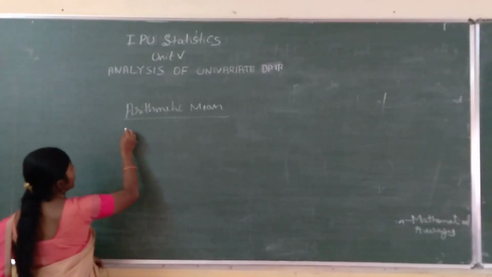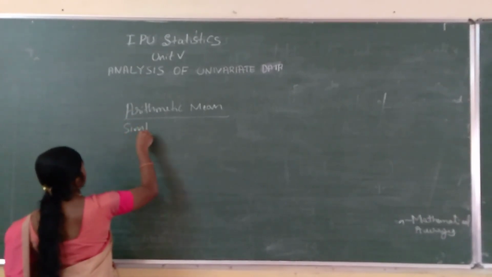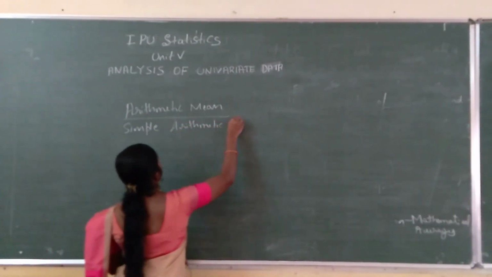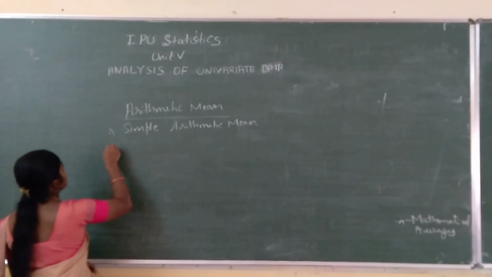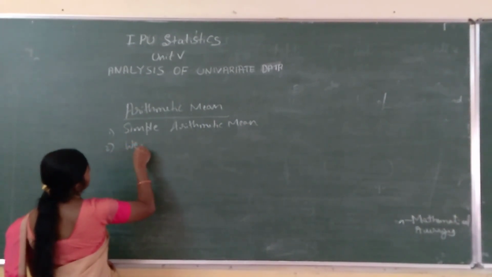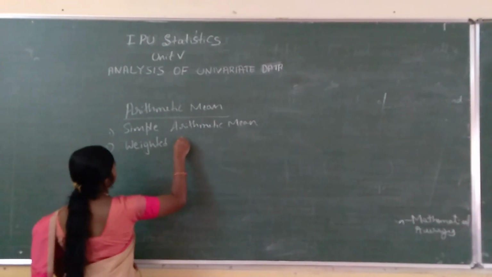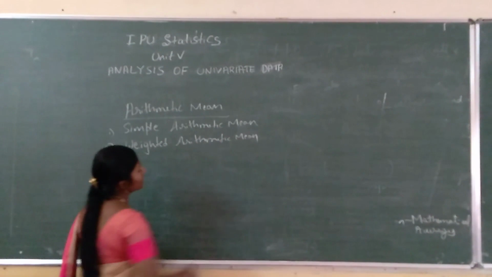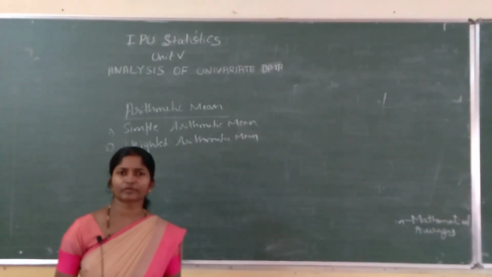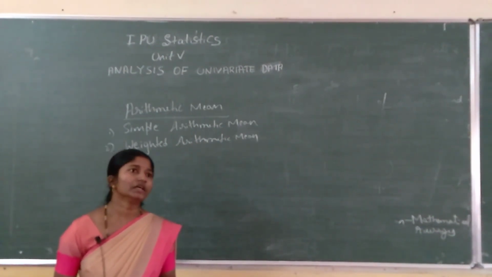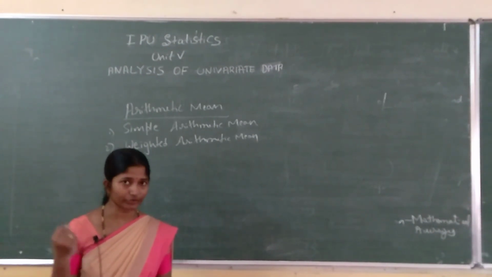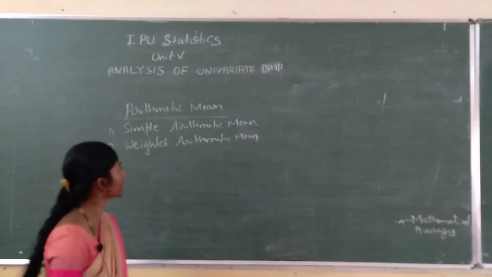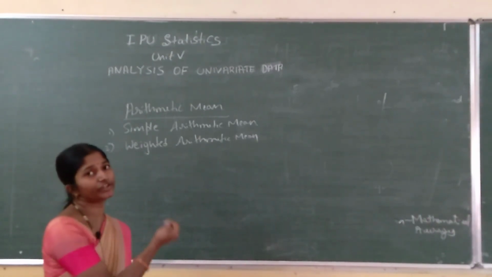In simple arithmetic mean, we are giving equal importance to all the data, so we can say it is the unweighted arithmetic mean.